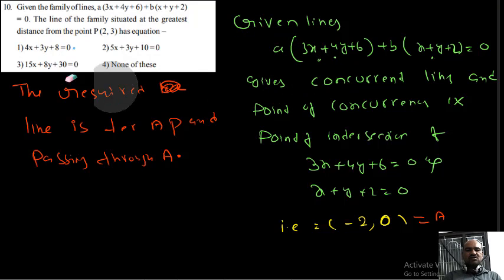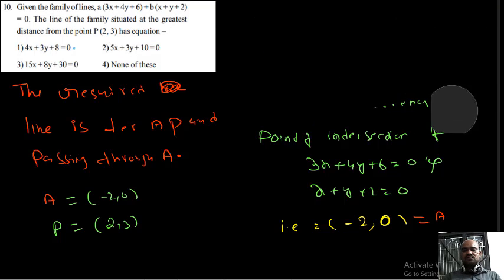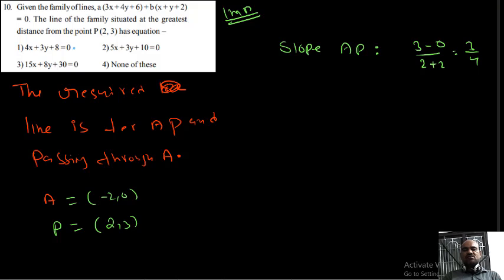Now we want to find it. Here A equal to (-2, 0) and P is (2, 3). Important model. Slope of AP is (3 minus 0) by (2 plus 2), that is equal to 3 by 4.